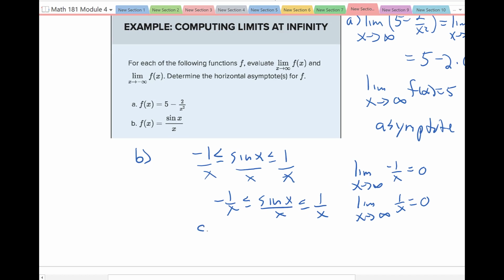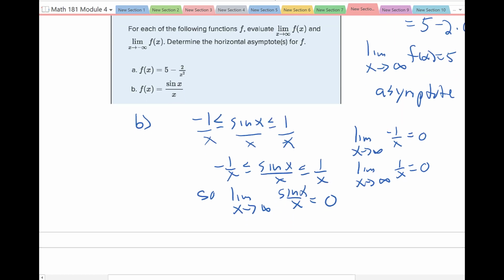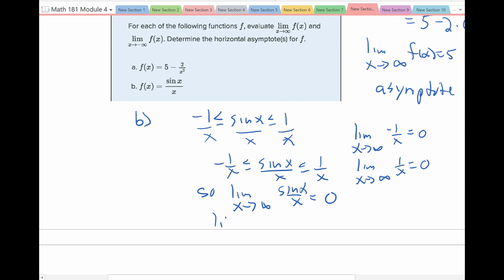So the limit as x approaches infinity of sine of x over x is then 0, kind of like the squeeze theorem. Likewise, the limit as x approaches negative infinity of sine of x over x also equals 0, because each of those boundaries is going towards 0.